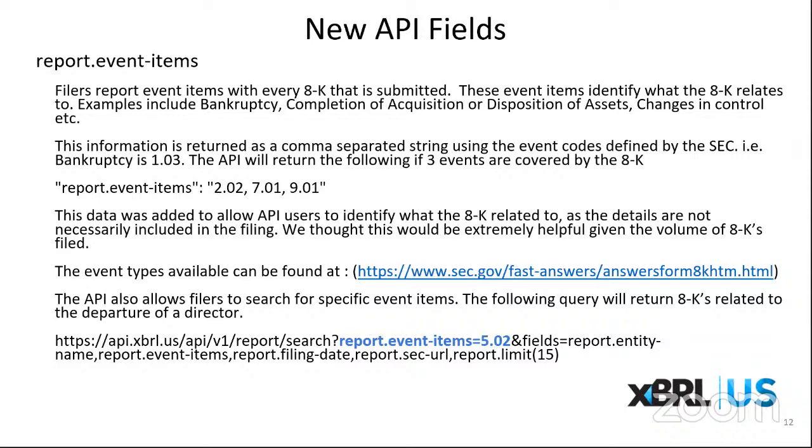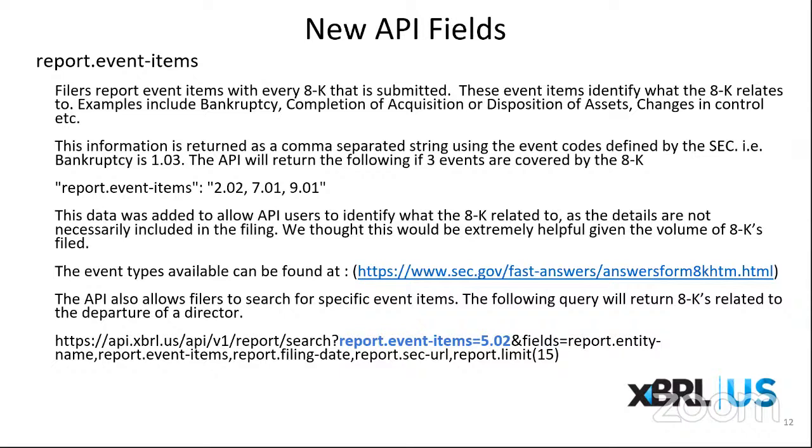But we thought it'd be useful to make those available, because we just had many questions from people saying, what's this 8K for, and what's this 8K for? As you may or may not be aware, the cover of the 8K is tagged, but not the individual facts in the 8K unless it's a financial statement. So these event items are kind of necessary, so you know what the 8K actually relates to.